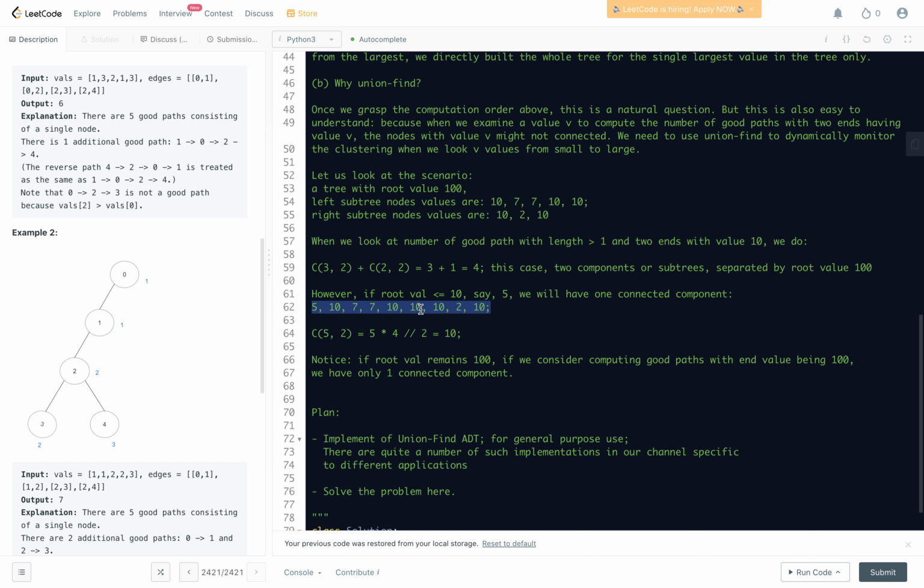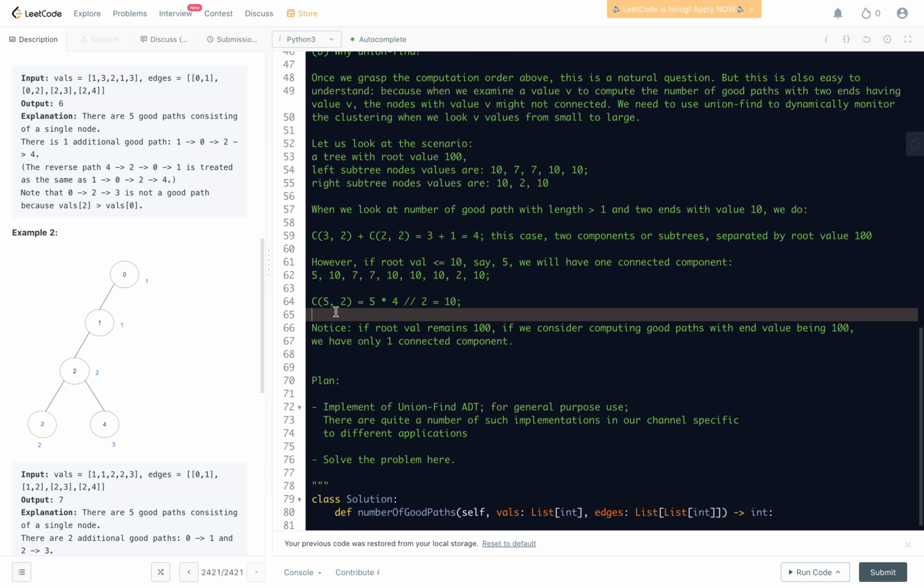That is, choose 2 out of 5. The reason is that in this component, any 2 nodes are connected. So we have 5 10s, and we just need to choose 2 out of them. So this number is much larger, because this is 5 times 4 over 2, that is 10.